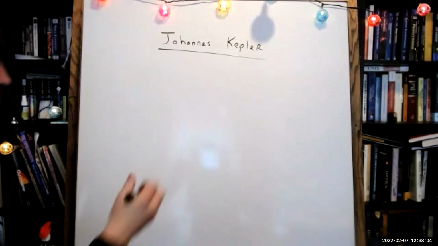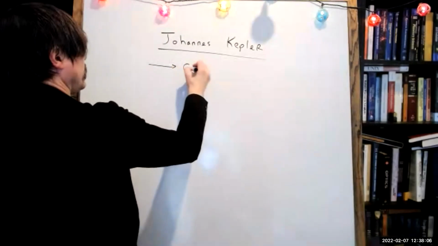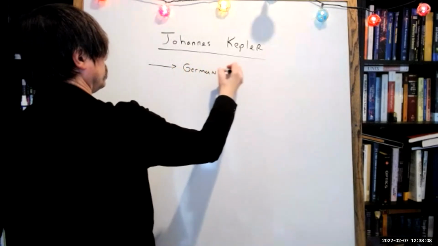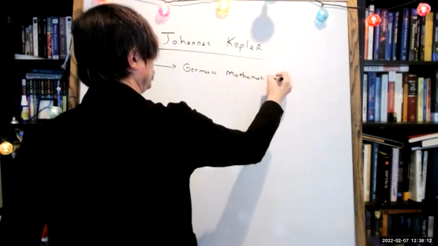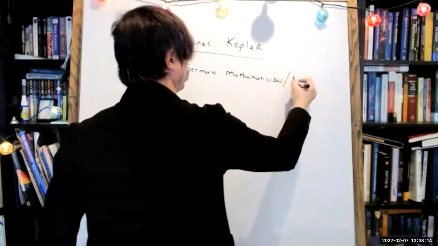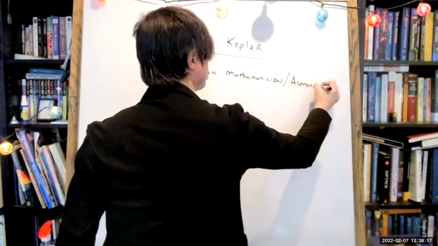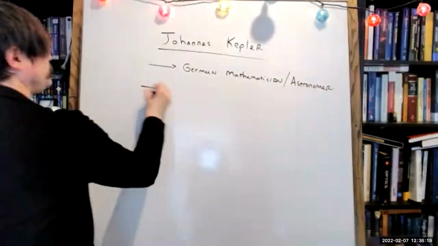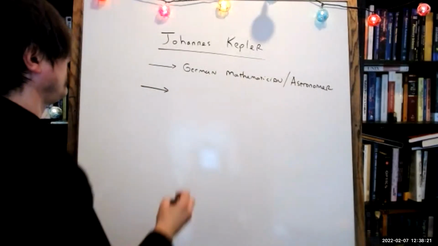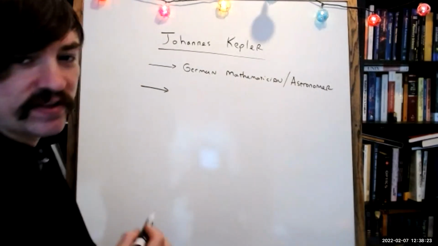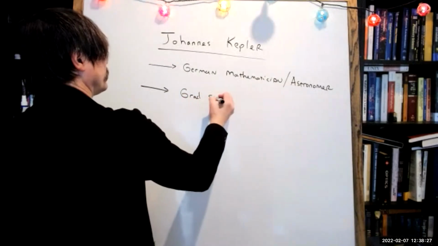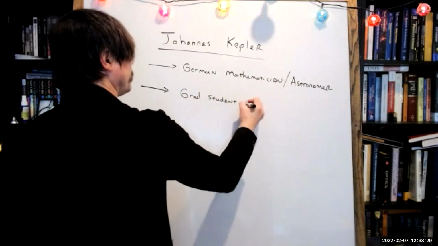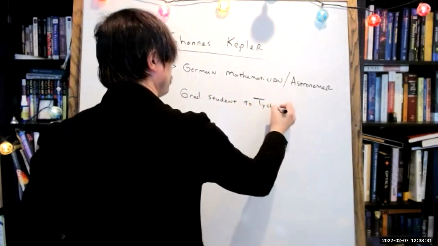Johannes Kepler was a German mathematician, also an astronomer. He was sort of the, I don't know if we should say student, maybe we could just say in modern day terms, he was sort of graduate student to Tycho Brahe.